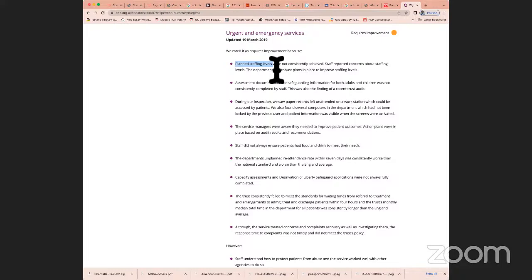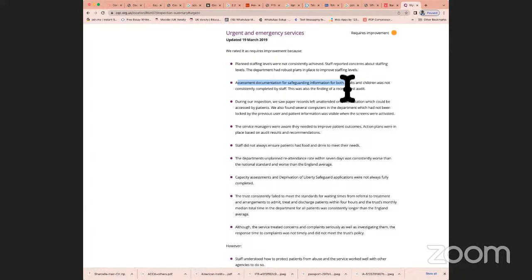Now the staff which they have, even from contracted agencies, sometimes might not be meeting the requirements in terms of training. Their documentation on safeguarding information for adults and children is not consistent. During the inspection, the CQC found that there were lots of workstations which were unattended, which could have been accessed by patients.